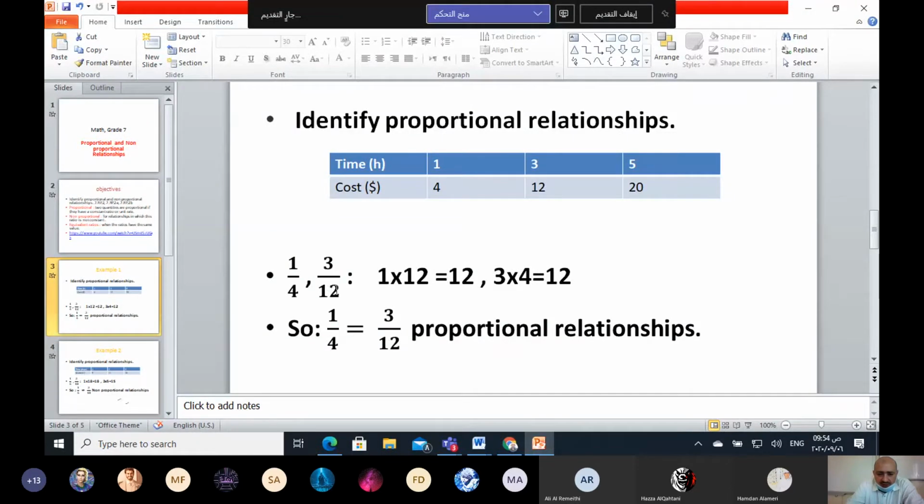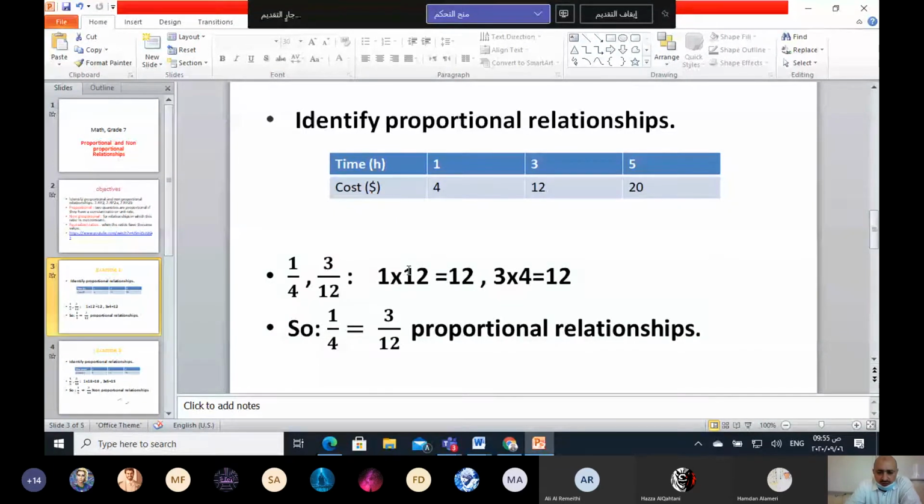Now, take 3, then multiply by 4. 3 times 4 will be 12. As you see, we have here 12 and we have here 12. The same answer. It means when you multiply across, 1 times 12 equals 3 times 4. This means it is proportional.